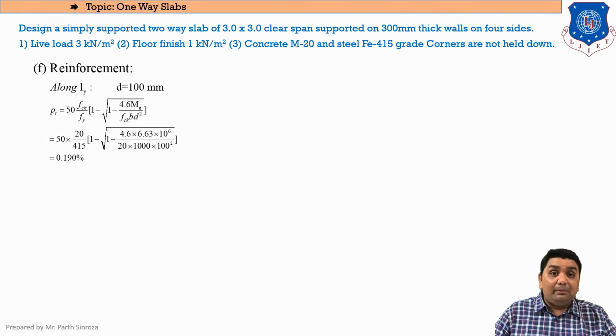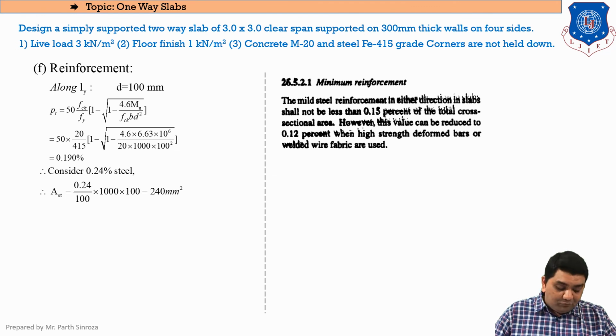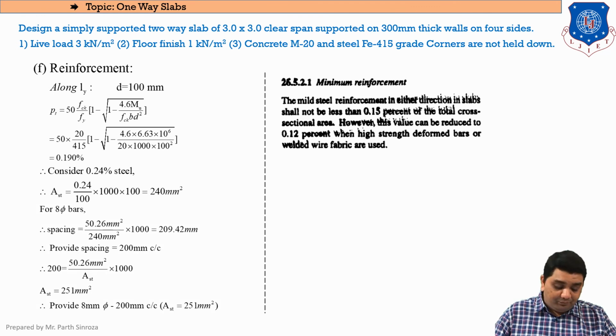So again, the first thing will be to calculate PT. PT in this case comes out to be 0.19 again, which is less than 0.24. So whenever we are getting a value less than 0.24, we will take it to be 0.24 because of this condition that is prescribed in our IS code. Clear? So we will be taking 0.24 steel. So AST comes out to be the same.